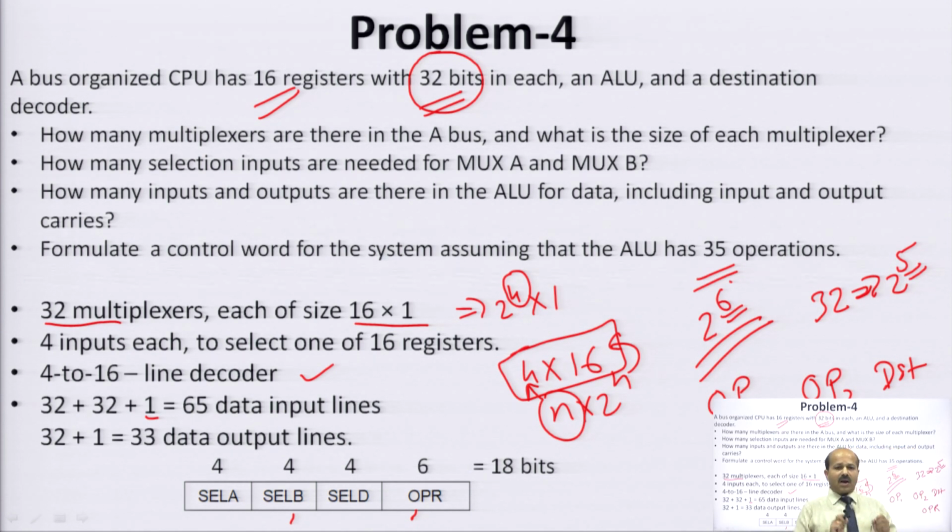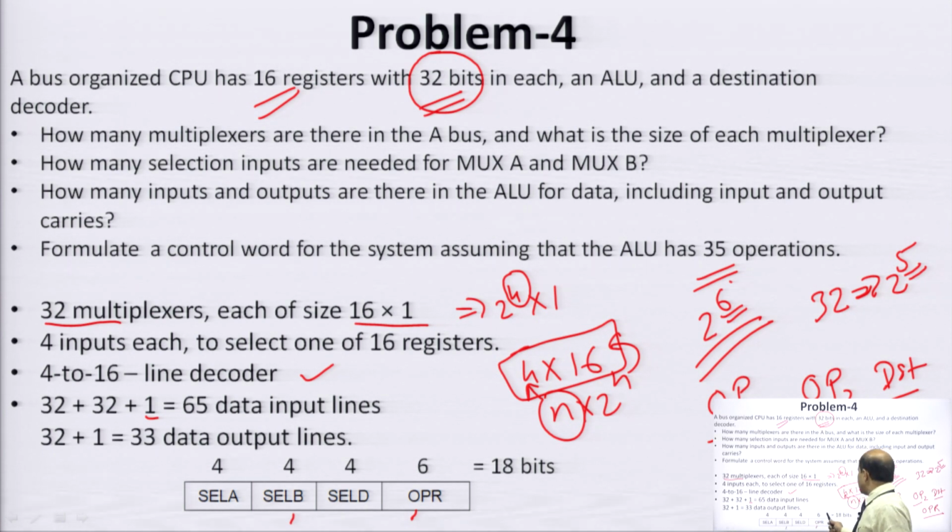So, bits are required for operand 1, operand 2, destination and operation code. Here 4 bits are used for selection A, 4 bits for selection B, 4 bits for selection D, and 6 bits for the operation code.